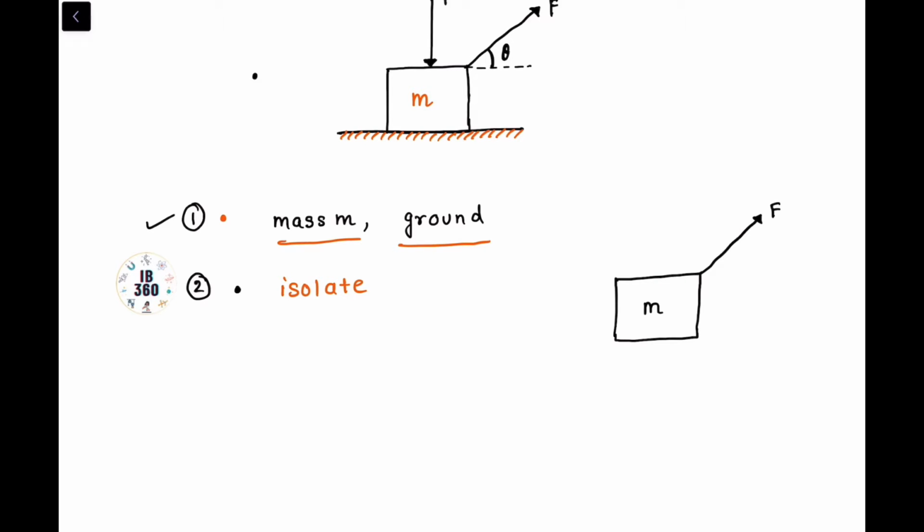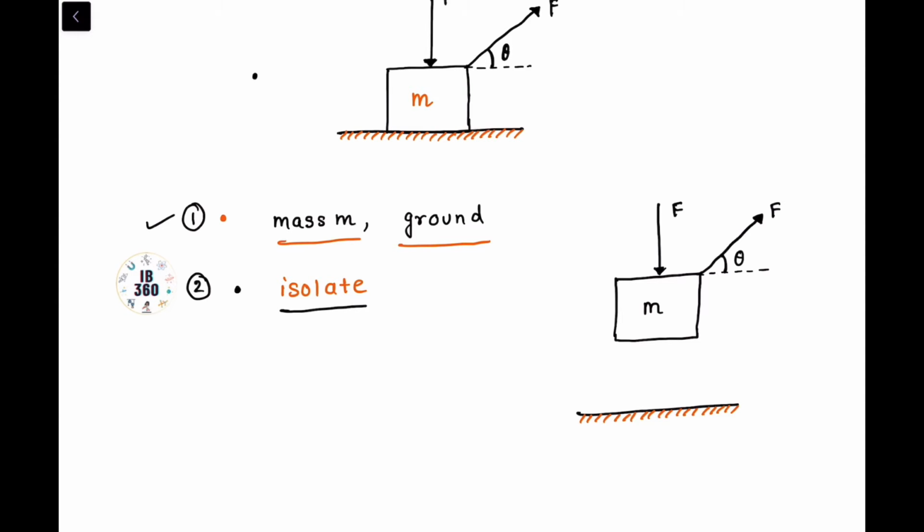We are just isolating the bodies, not the forces. So this is the force F downwards and this is the force F acting at an angle theta, and this is the ground. Now we have successfully completed step 2, isolating the bodies.